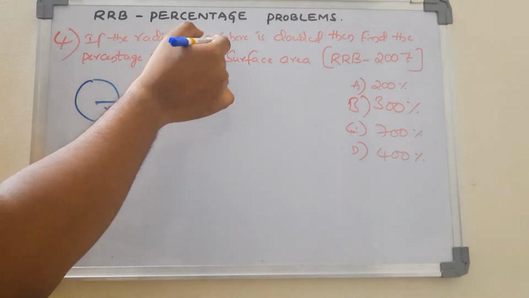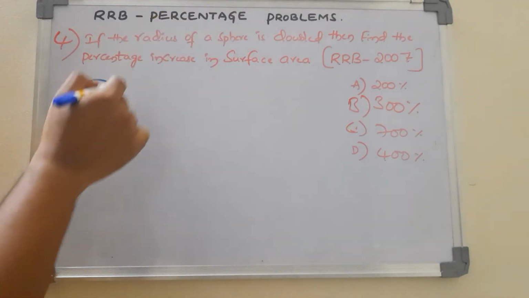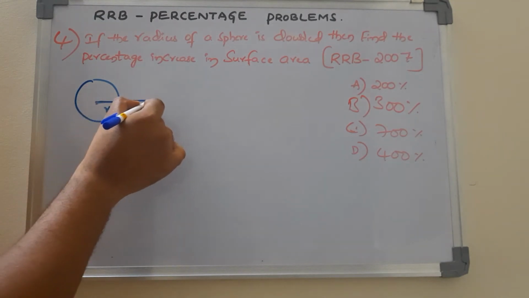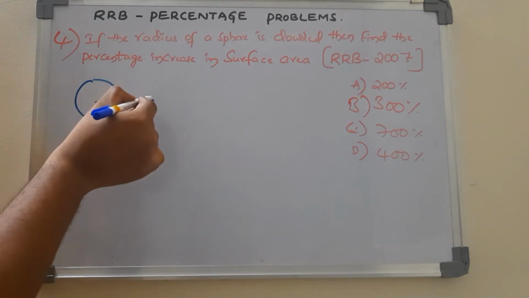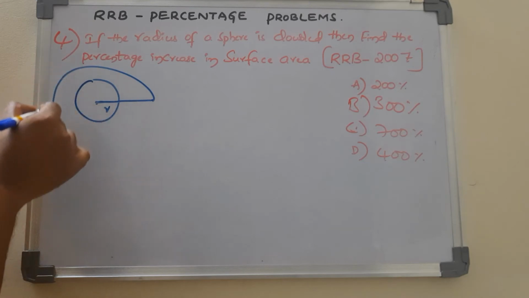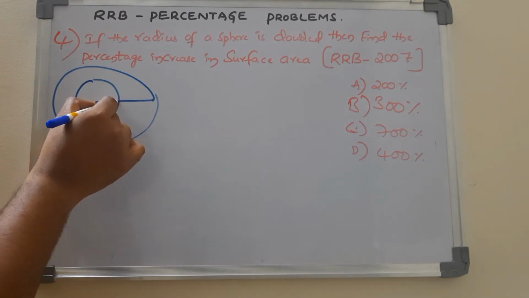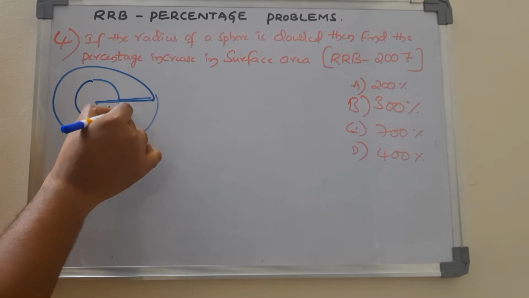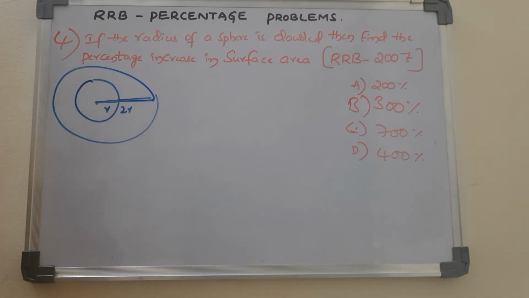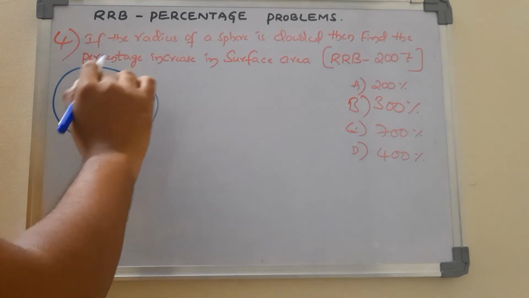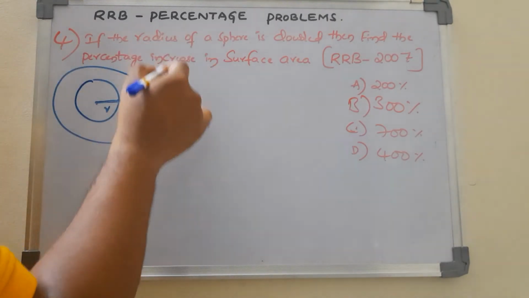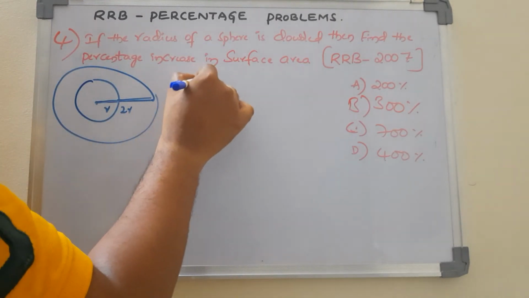He gave the condition that the radius of a sphere is doubled. So if it is doubled, it becomes like this. You just draw another sphere here. If this is r, this is double, so this one is 2r. We already know the surface area of a sphere is 4 pi r square.